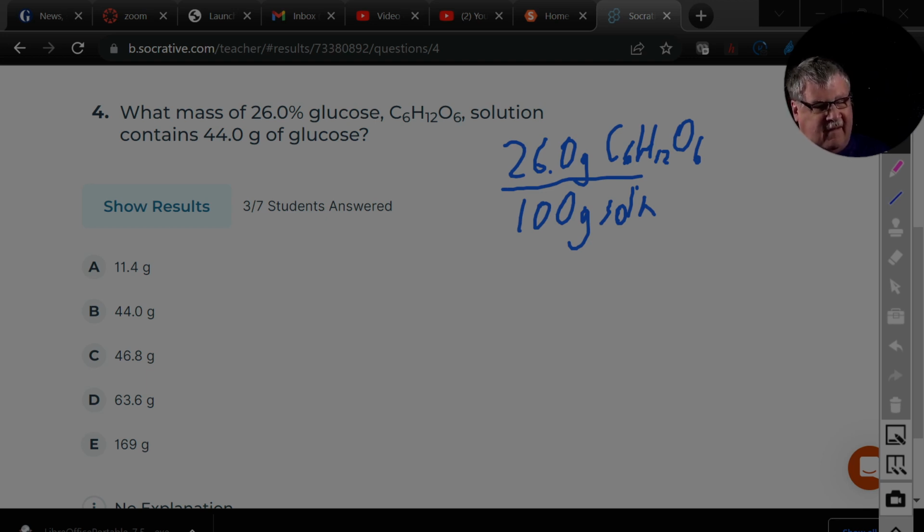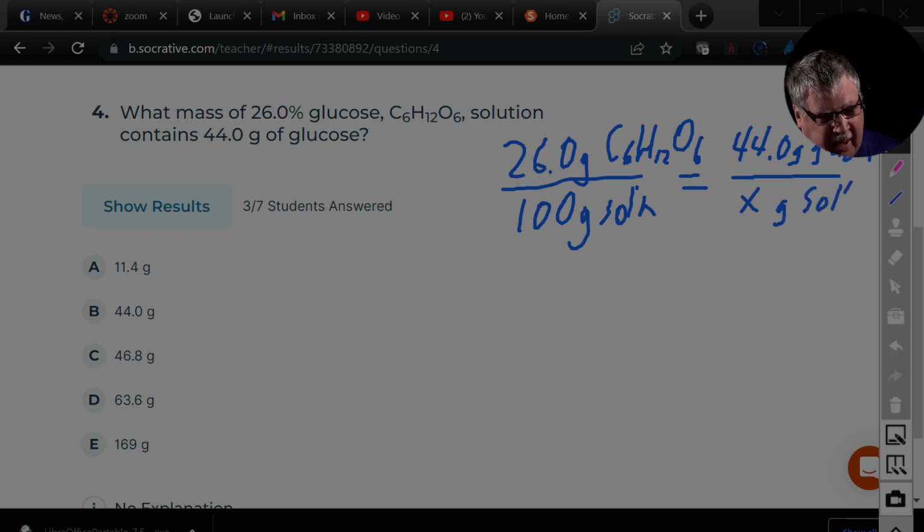There are several ways you could set this up. One of the easiest ways is to set up a proportion, and you say, all right, I'm looking for 44 grams of glucose. And what mass of solution? All right. But here's what I can tell you.